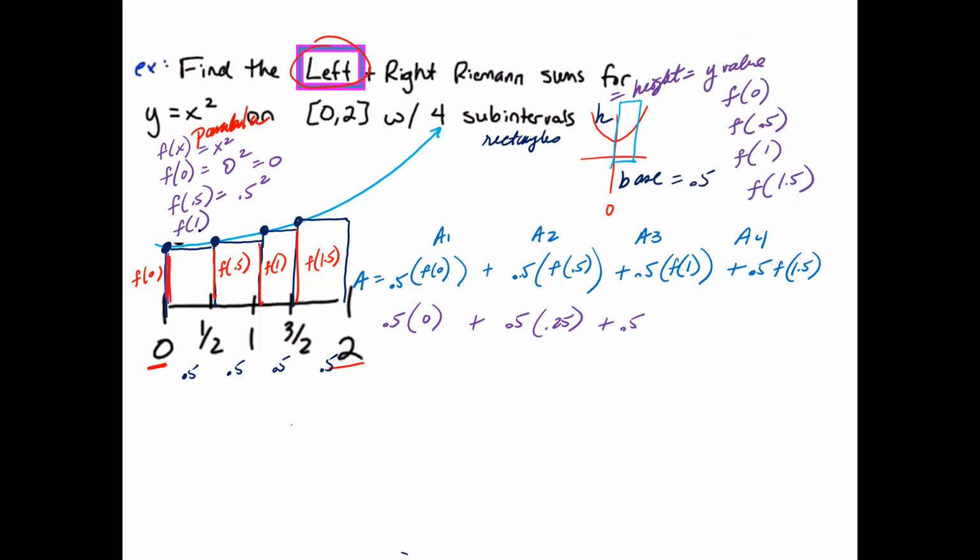So f of 1 is going to give me 1 squared. So that's just going to be 1 plus 0.5 times f of 1.5. So that's just 1.5 squared, which is 2.25.